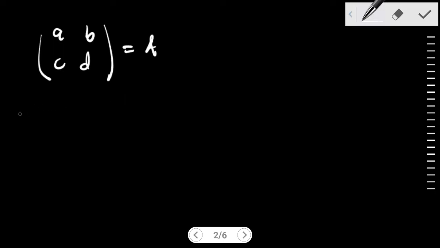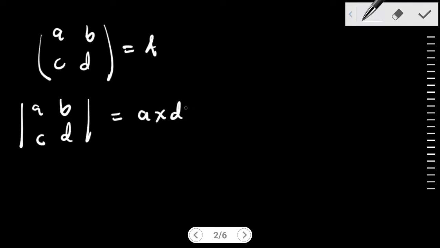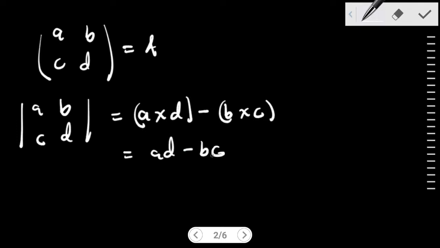To get the determinant of A, I say this is A, B, C, D, and this is equal to A times D, minus B times C. So out of that, it would be AD minus BC.